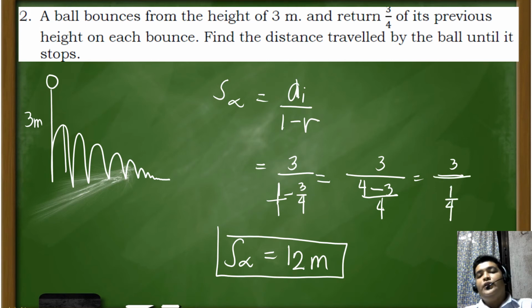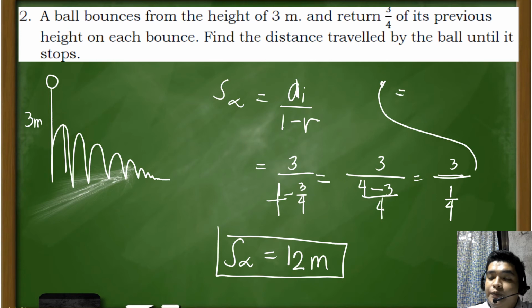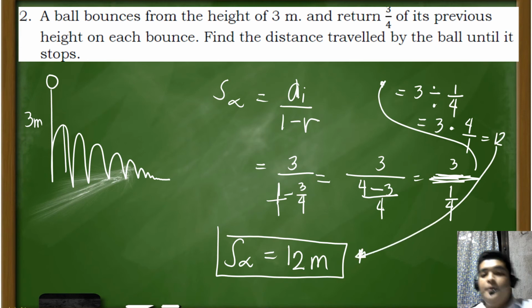Let's go back: if you rewrite that as division, that is 3 divided by 1/4. When you divide by a fraction, take the reciprocal of the divisor, then change the operation to multiplication. That is 3 times 4 over 1, which is 12. That is why we have 12. Okay, those are the basics of the law of fractions.